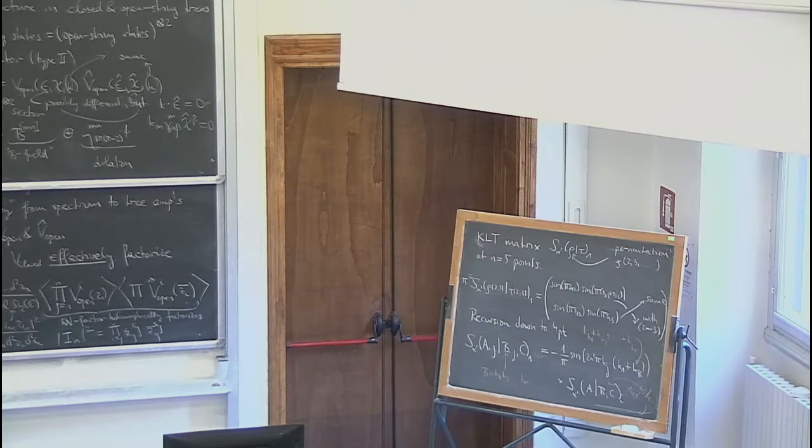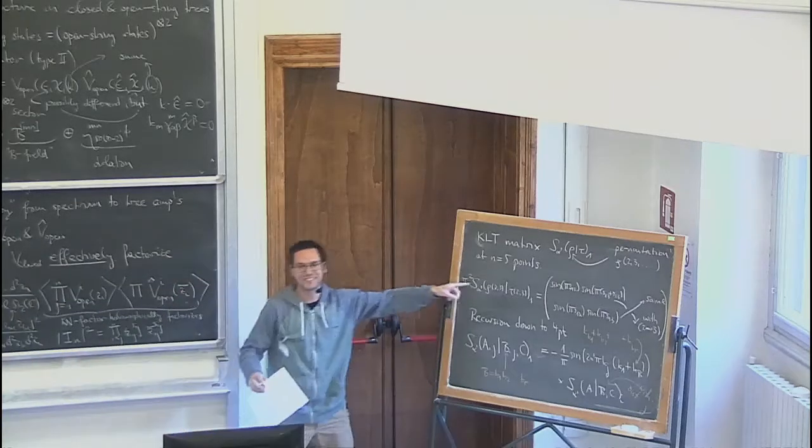So it is a matrix of that size, and the entries have a total of n-3 factors of sine pi, and then some combination of dimensionless Mandelstams. So n-2 factors, let's check it. 1 factor at 4 points, 0 factors at 3 points, 2 factors at 5 points.